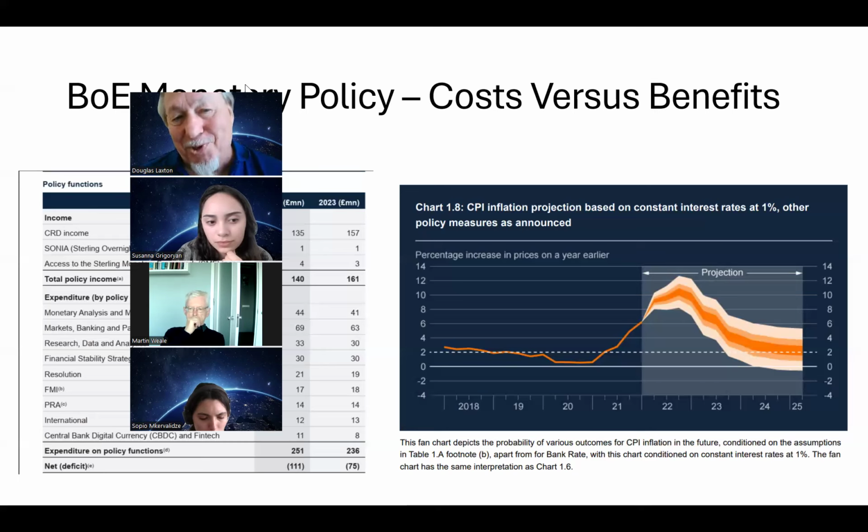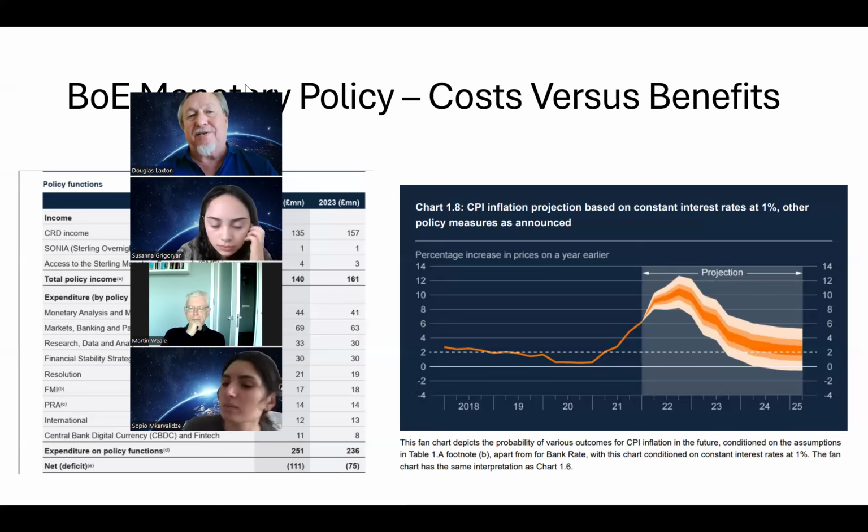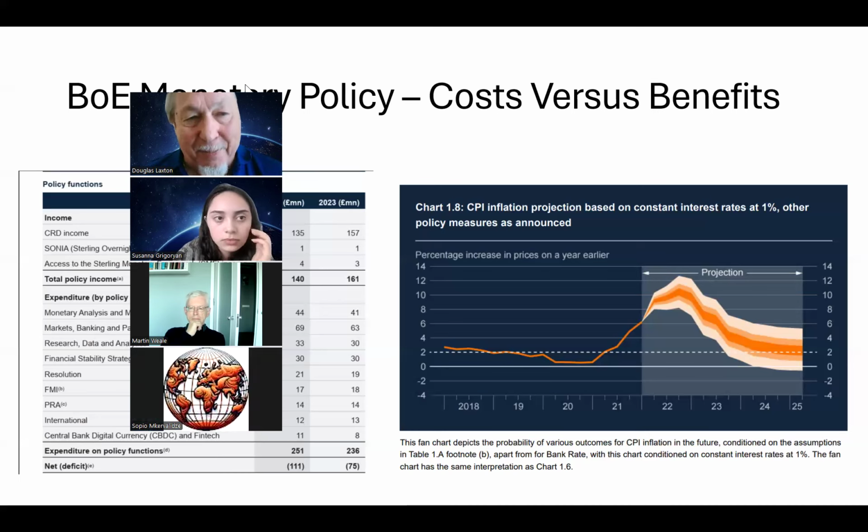You shouldn't be able to generate a chart that looks like this with constant interest rates. And the basic logic goes back a very long time. I'll go back to Milton Friedman's presidential address in 1968, where he explained the logic of the expectation augmented Phillips curve, and he basically said, "Look, you cannot think about pegging the interest rate."